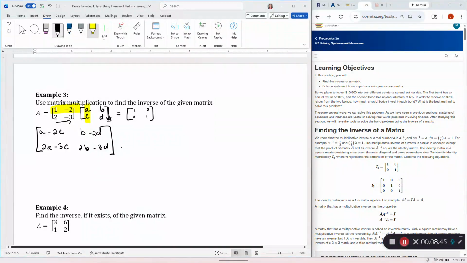Now, that's multiplying these two together, and it should equal 1, 0, 0, 1, which means a to c should be a 1, and 2a minus 3c should be a 0.